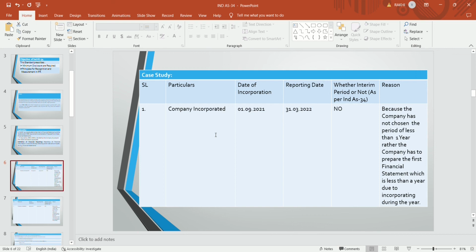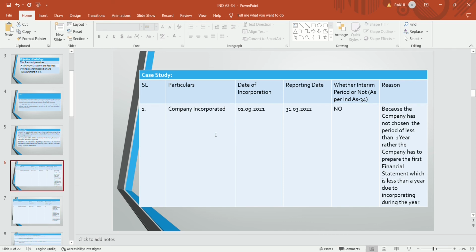So this is not a 1-year period from which a 3-month quarter or half-yearly period is selected. It's a 6-month period. Rather, the company has to prepare its first financial statement, which is less than a year due to incorporation during the year.